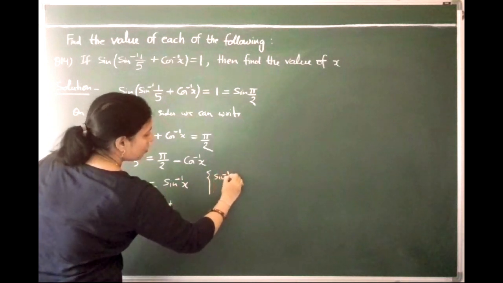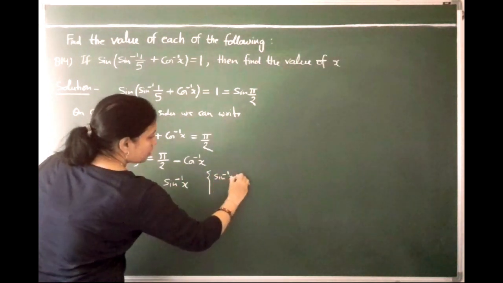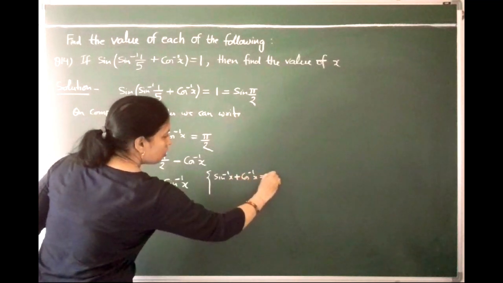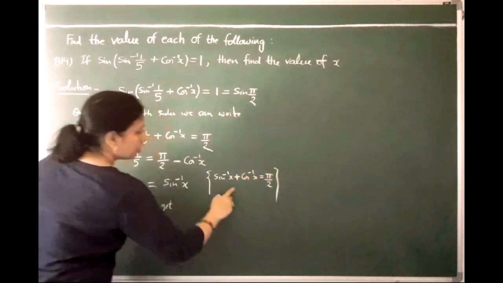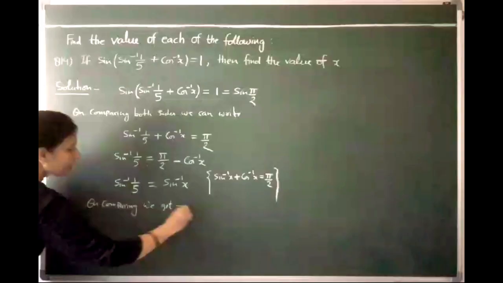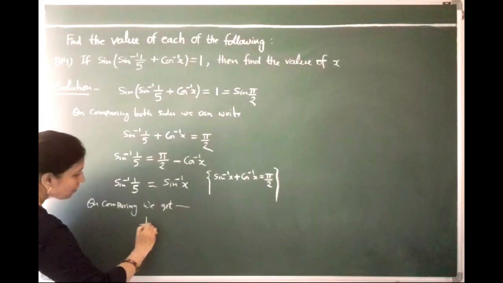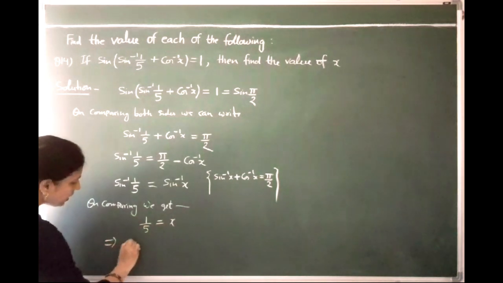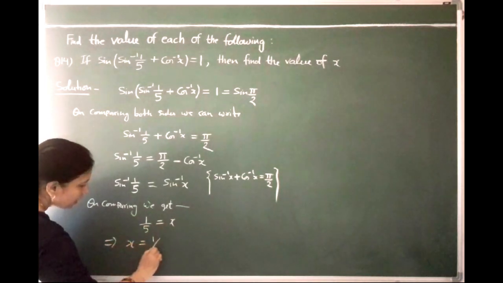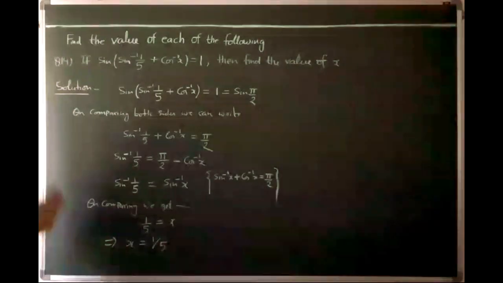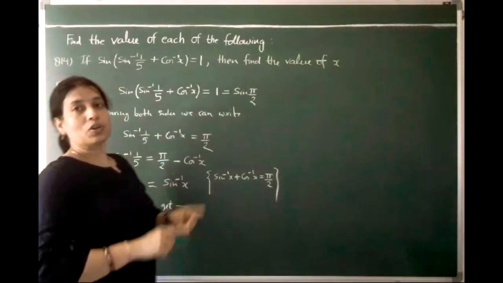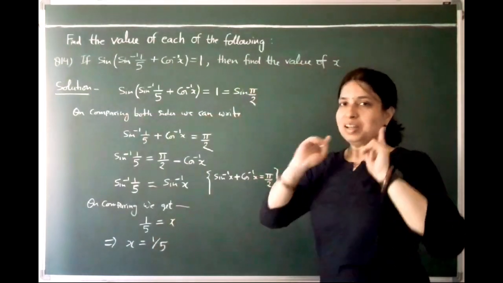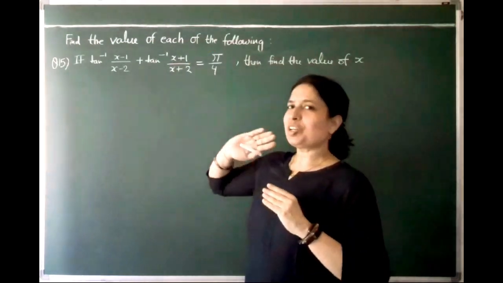The formula is sin inverse x plus cos inverse x is equal to pi by 2. This is the formula. So we get 1 by 5 is equal to x. So we can write x is equal to 1 by 5. So our answer is x is equal to 1 by 5. The value of x will be 1 by 5. This is your answer. Next one is question number 15.